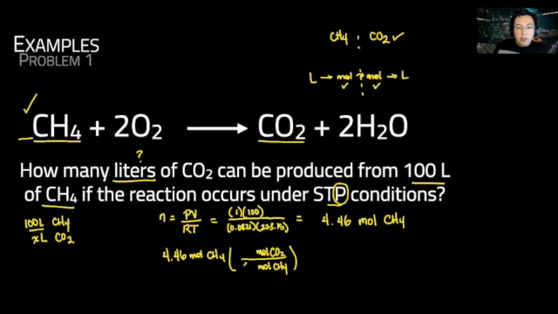So in this case, we will have 1 mole of methane to 1 mole of carbon dioxide as the ratio, which logically, if we multiply and divide these numbers, we will have the same number, right? 4.46 moles, but now we're on the other side, for carbon dioxide.